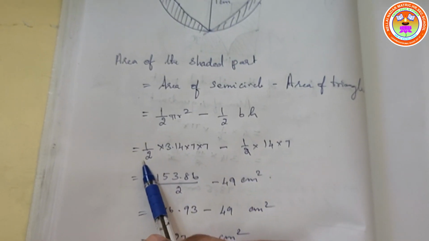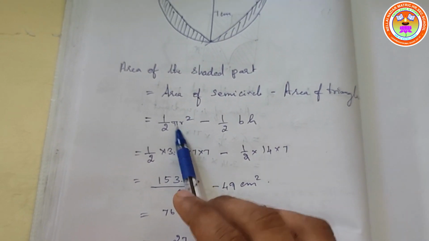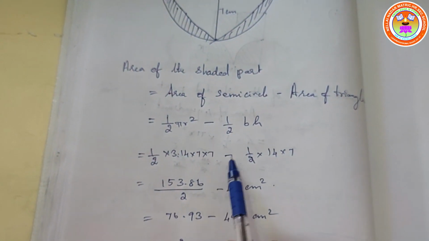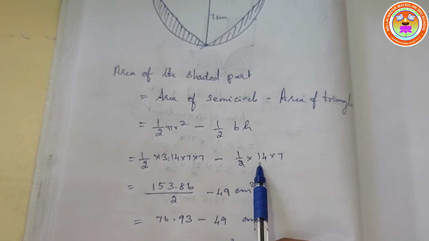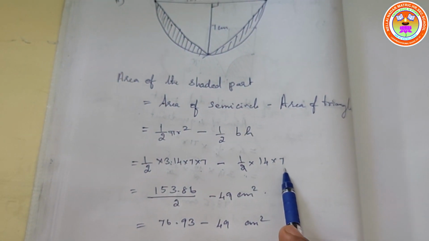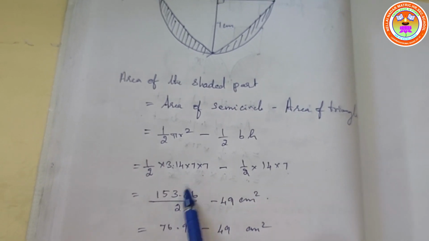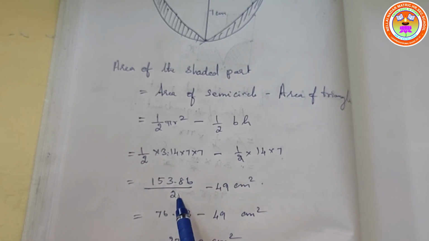So half into pi's value 3.14 into radius, which is 7, into 7, minus the area of the triangle, formula half into base into height. Half into base: just now we said 7 plus 7 is 14, so 14 into 7. If you simplify everything, you get 153.86 by 2.